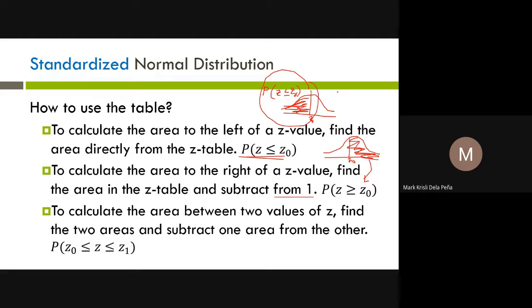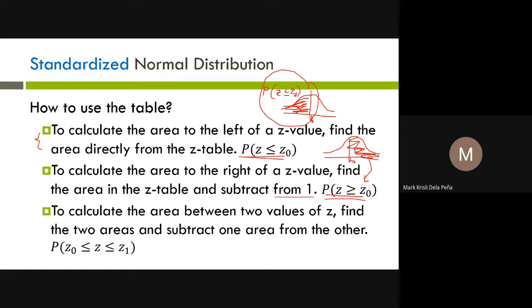If the table only refers to this one, then how do we find this? Our table can only refer to the first usage, that is when z is less than or equal to z sub zero, or a z-score.